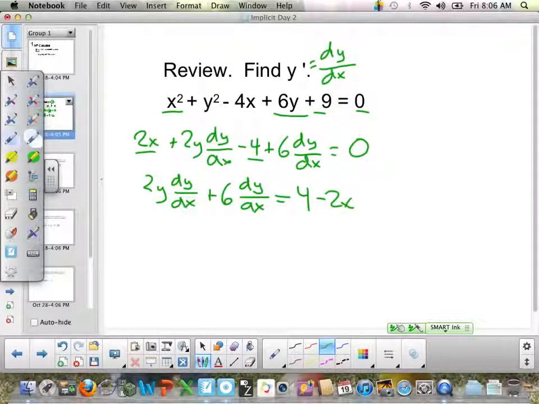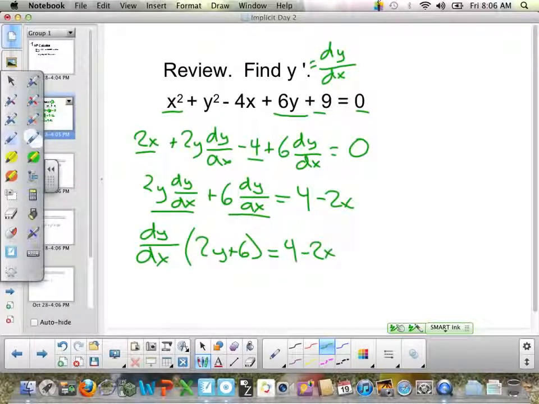On the left side, everything has dy dx now, so we will factor that out. We got dy dx times 2y plus 6 equals 4 minus 2x. We'll divide both sides by 2y plus 6, and we get our derivative of y with respect to x, and that is 4 minus 2x over 2y plus 6.